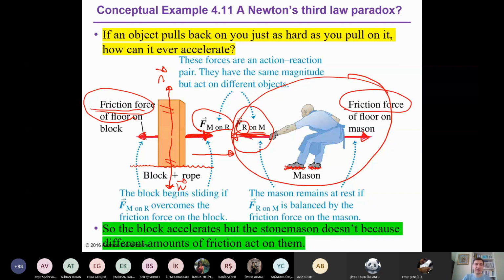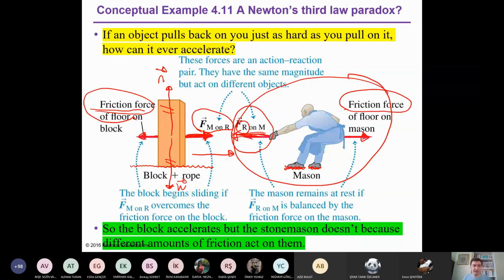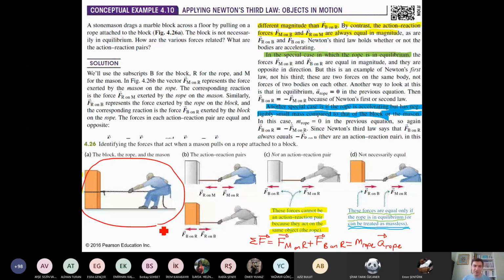Then let me discuss three conditions related to the free body diagrams. So what is a free body diagram? Here we have a special condition. You have an object, the mason, you have an object, the rope, you have an object, the marble block.